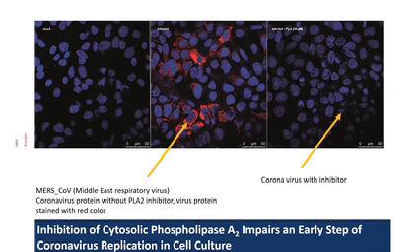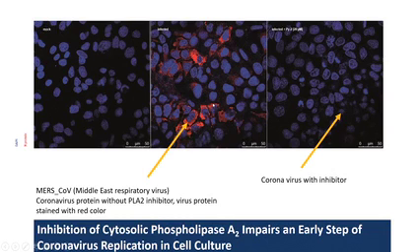And this is looking at the cells under the microscope, and in these slides, the red dye is the virus protein. So they add an antibody that stains the coronavirus.